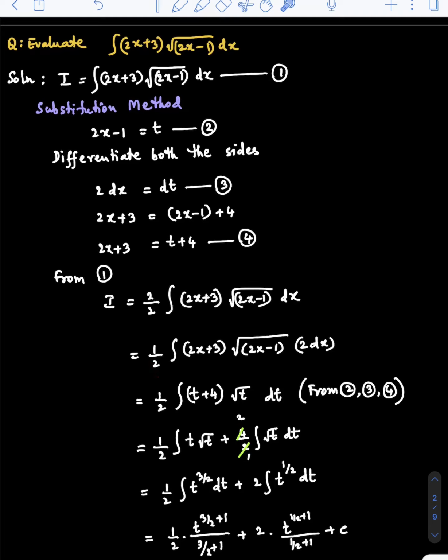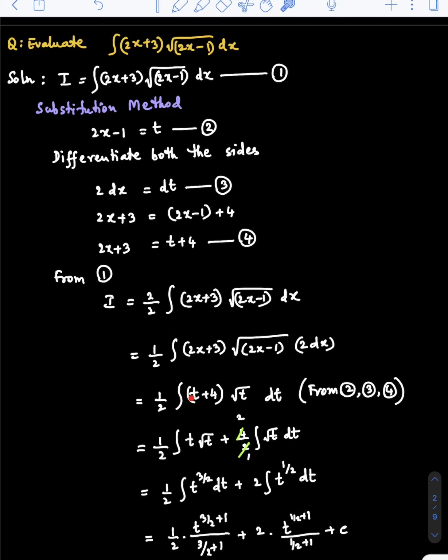Here 2 dx, and here 1 by 2 remains. And in the next step, half integral. This is replaced by t plus 4, and this is replaced by t, and this dx, as 2 dx, is replaced by dt here. So this step came with the help of equations 2, 3, 4.